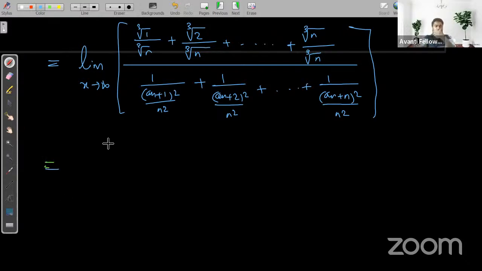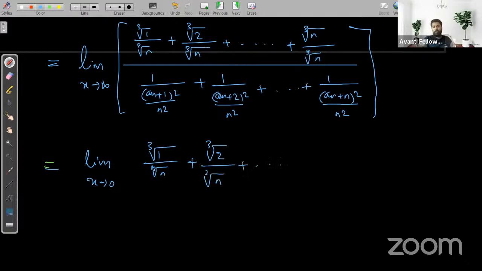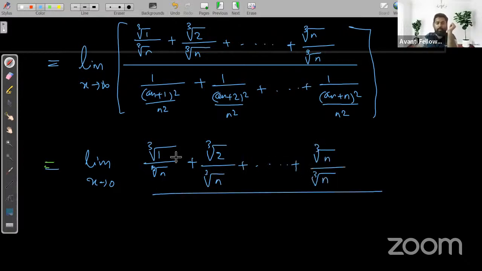Okay, so limit extending to infinity, the numerator is the same: cube root of 1 upon cube root of n plus cube root of 2 upon cube root of n plus up to cube root of n divided by cube root of n, whole divided by the denominator.